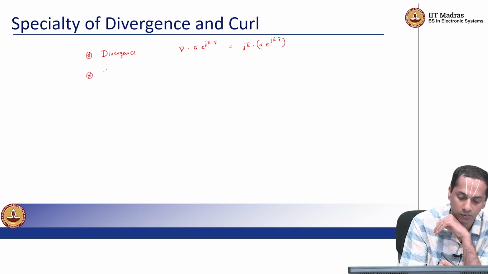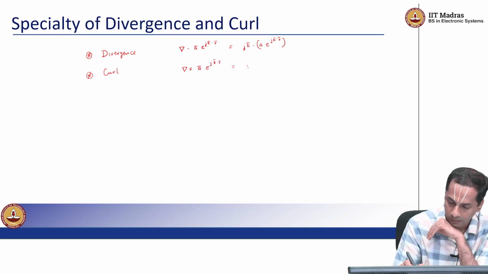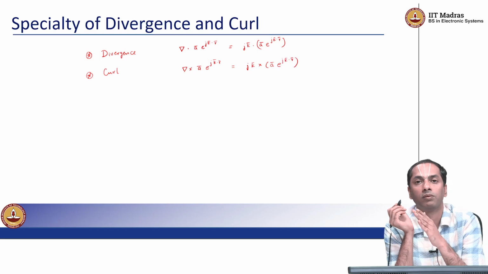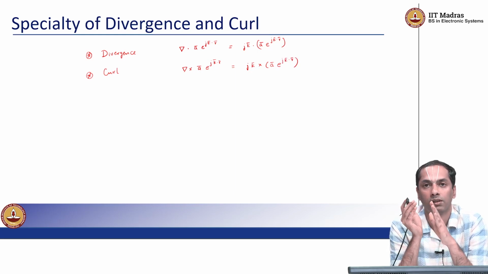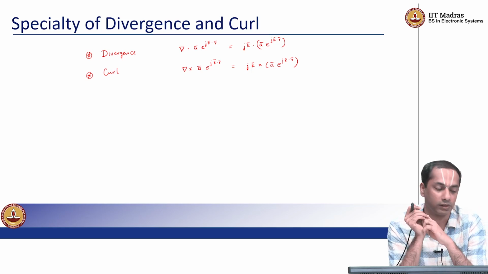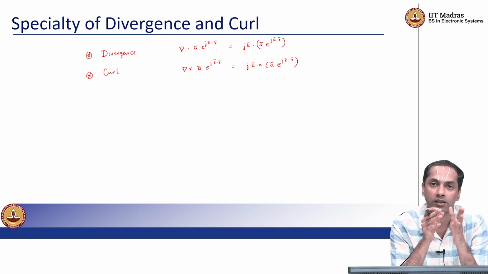And what does the curl do? Remember, k cross the vector field is a vector that is perpendicular to k, right. So it's essentially telling you the tangential or the normal direction, the transverse component of the field to the direction that you have picked.